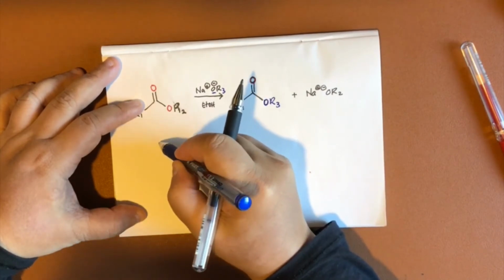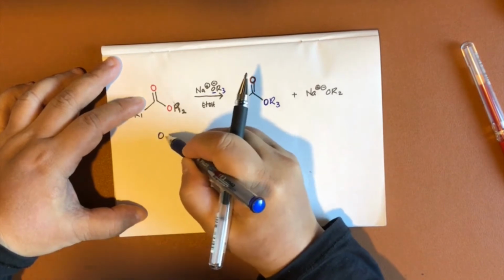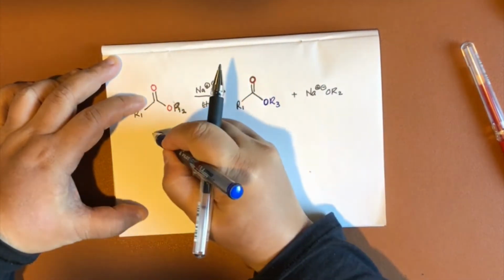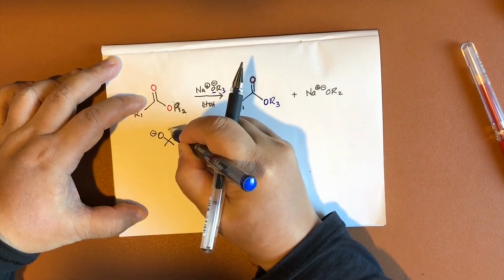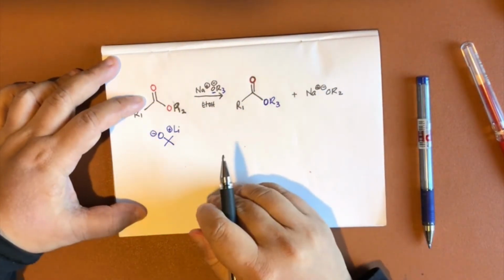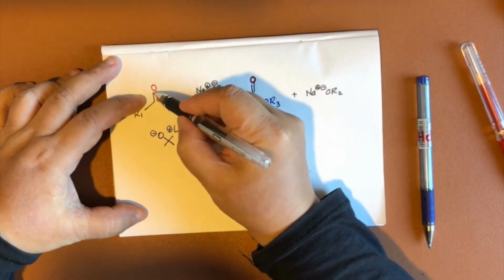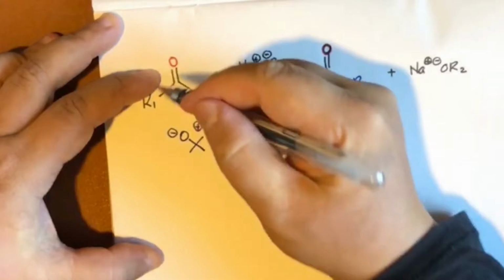Here, for example, an alkoxide, I'm going to just use tert-butoxide. Yeah, you have this. Then normally you'd have also the opposite charge, which is lithium. And then that will be added to this ester.